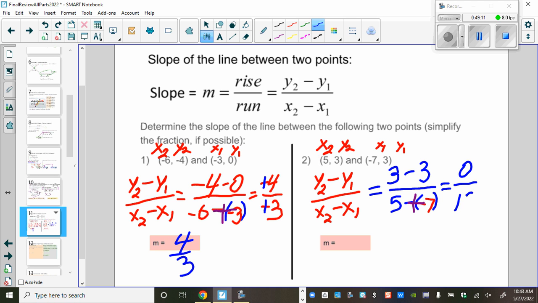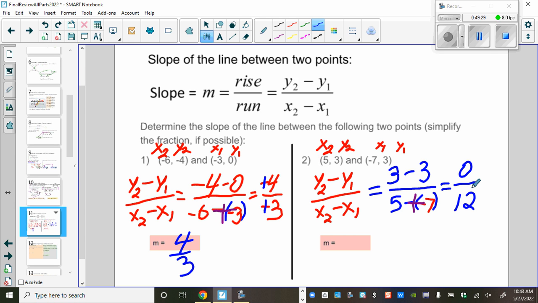But now what's our final answer? I have a 0 divided by 12. Divided by 0, but are we dividing by 0? You're dividing by 12. So be careful.